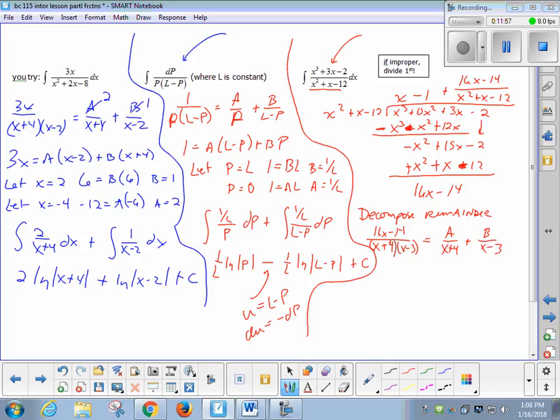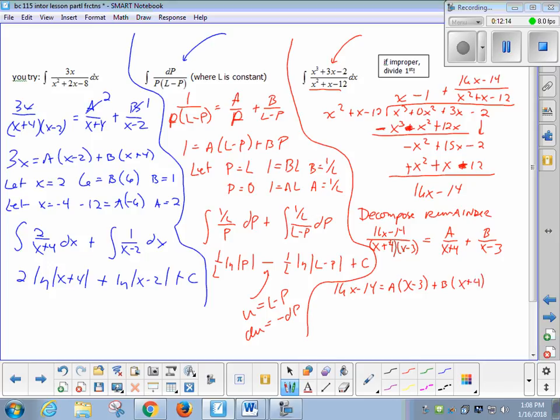So I get 16x minus 14 equals A times the quantity x minus 3 plus B times the quantity x plus 4.